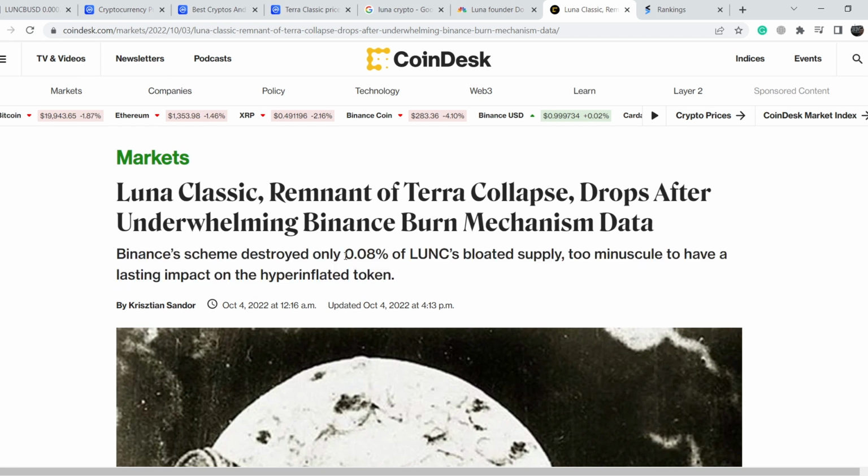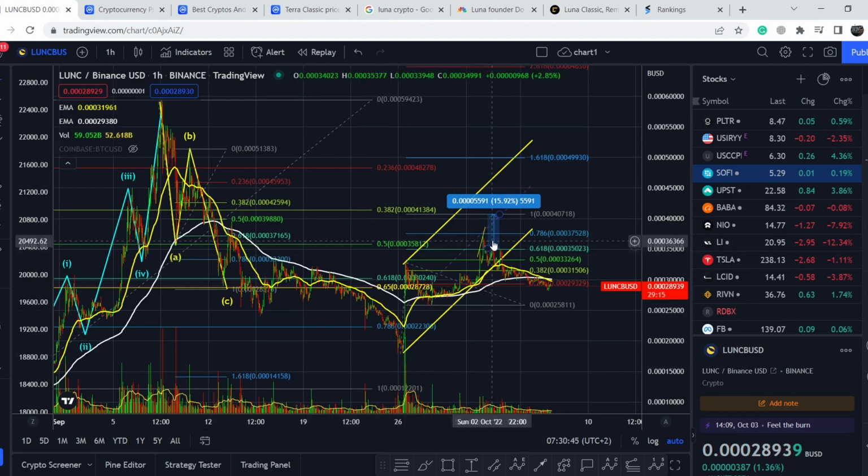And definitely a lot of people anticipated a much higher percentage of that burn, but it is only 0.08%. This means fundamentally this movement to the upside wasn't supported by Binance. It was only the psychological movement to the upside that definitely brought a lot of attention to this asset.